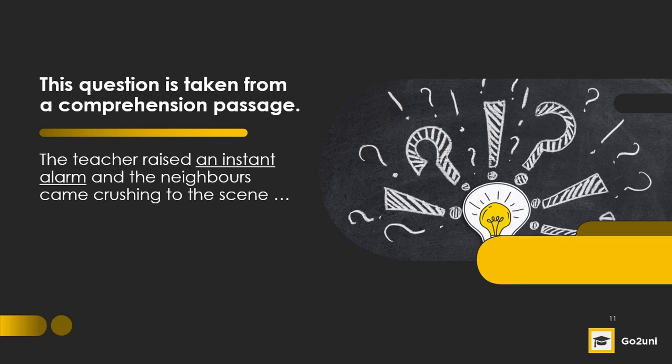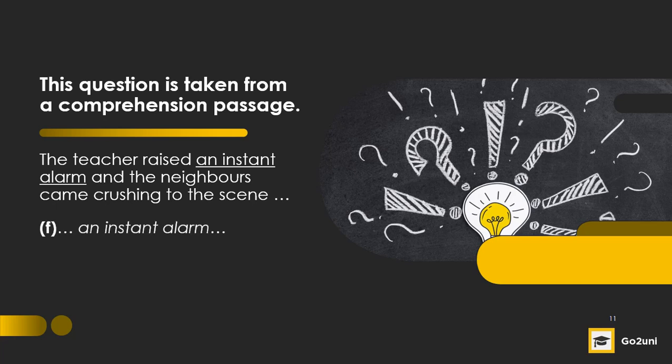The teacher raised an instant alarm and the neighbors came crashing to the scene. Of course, it's taken from a comprehension. In most cases, questions about grammatical names and functions come under comprehension in WAEC and NECO. So this one too is picked from there, one of the past questions.